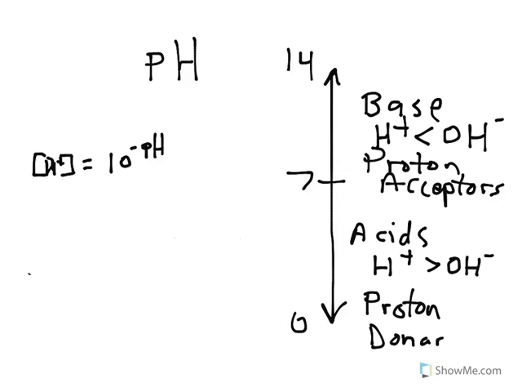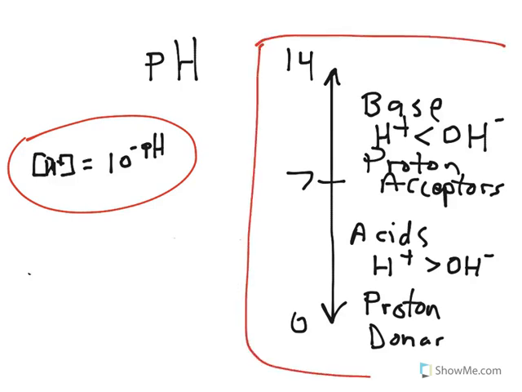That's really enough to give ourselves an idea here. This equation will tell us why it's important in the bicarbonate buffer system that I affect hydrogen ion concentrations to affect pH, and understanding this will help us understand that as well.